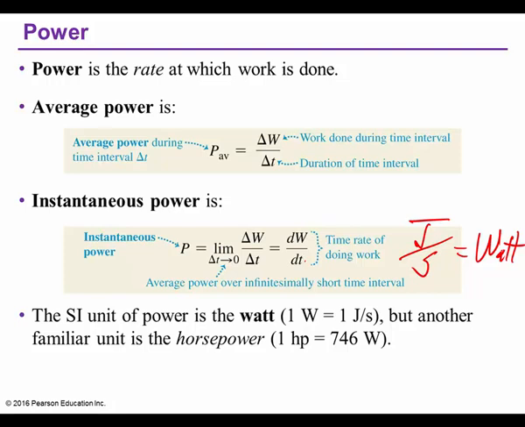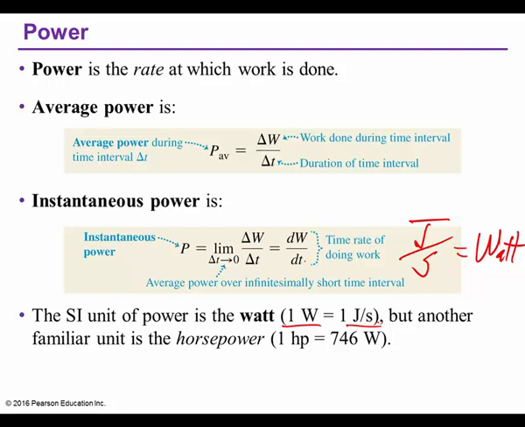W-A-T-T, watt, capital W. All right? And so 1 watt of power is 1 joule per second. But if you know how much power you use, you're looking at how many joules you used in a given time interval.